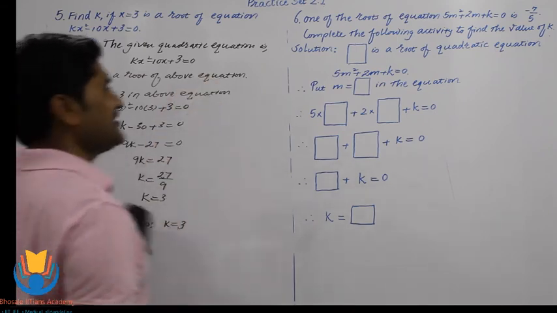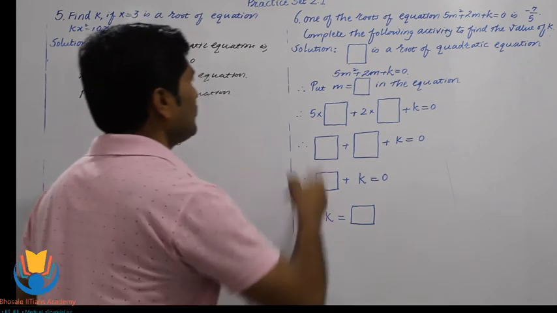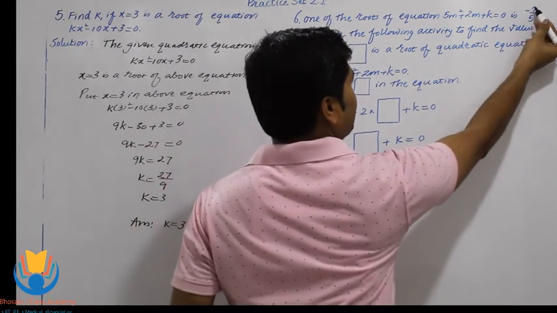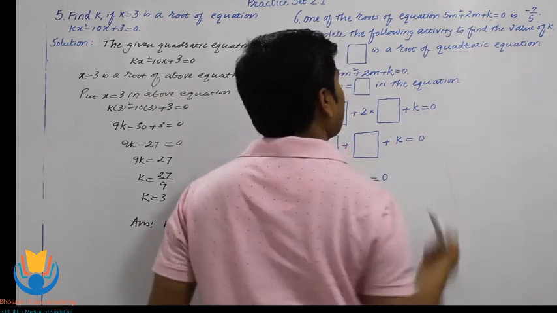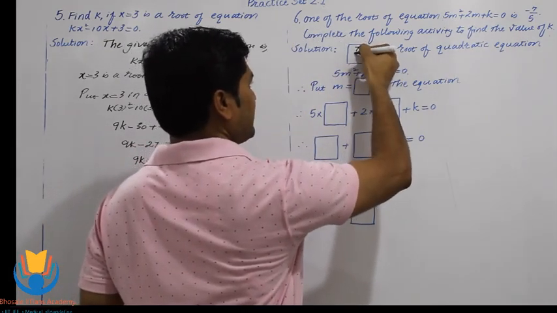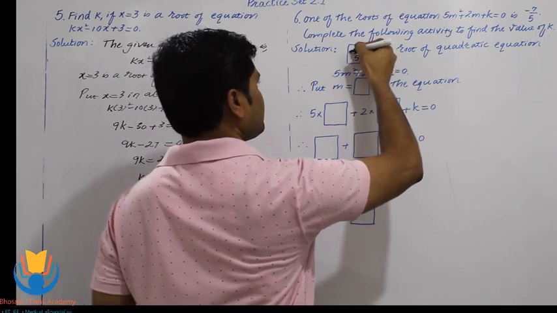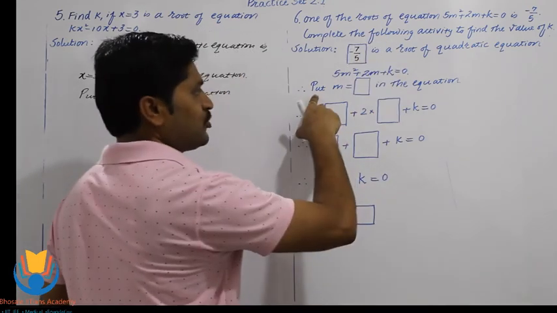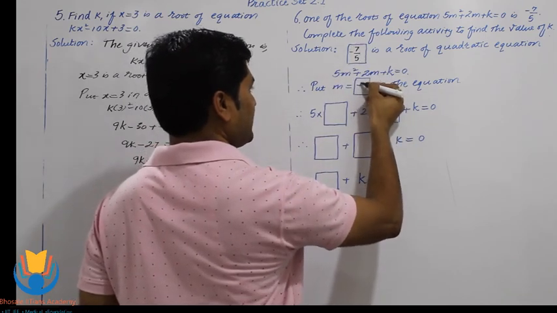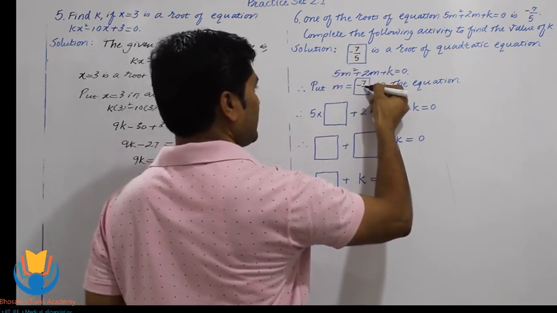Again this question number 6 is similar to question number 5. So simply we have to complete this activity. Here minus 7 upon 5 is a root of this quadratic equation. So here we will put that minus 7 upon 5. And we have to substitute the value of m to be minus 7 upon 5 in this given quadratic equation.